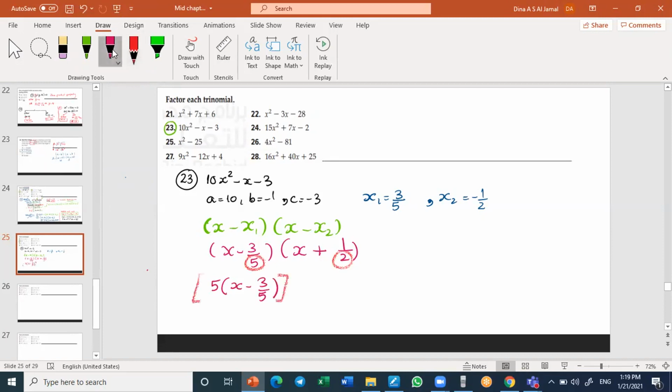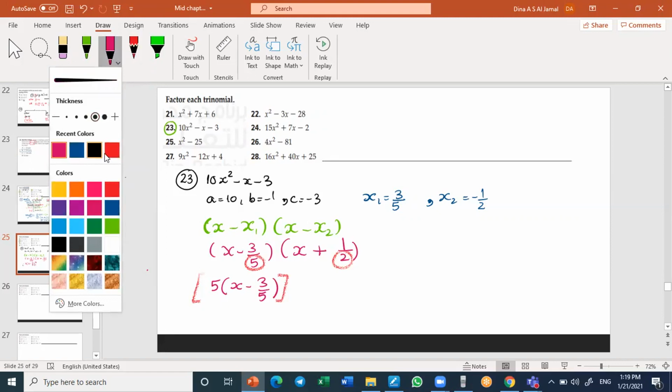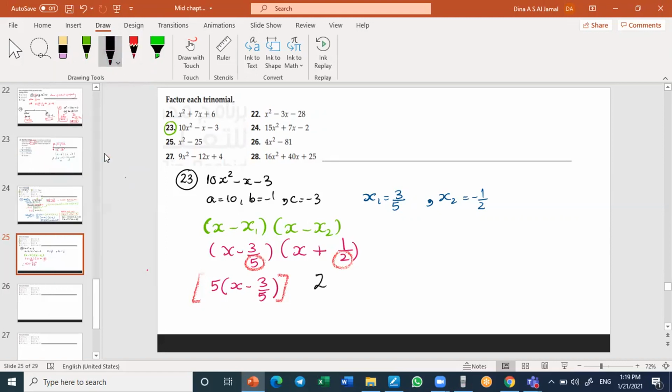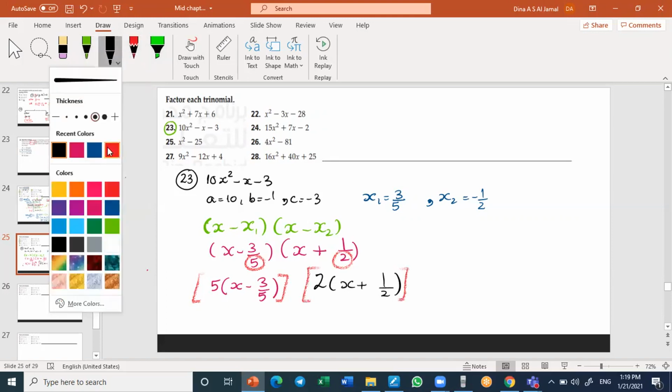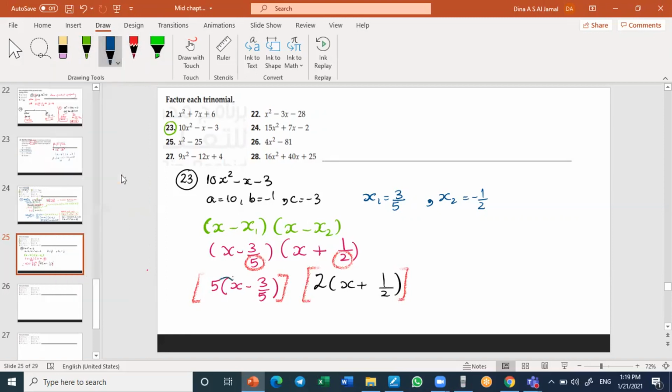Then at the same time, let's go to the other bracket. You will be multiplying 2 by x plus 1 over 2 and close the brackets. Now you will do the distributive property separately for each of them, which is 5x minus 3, 2x plus 1.